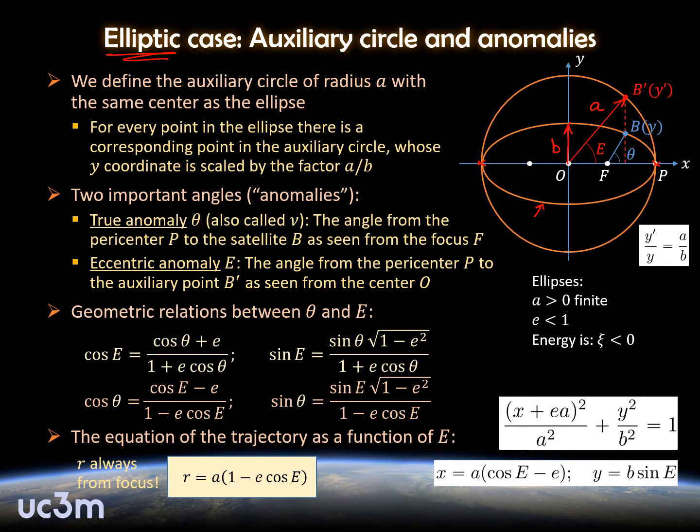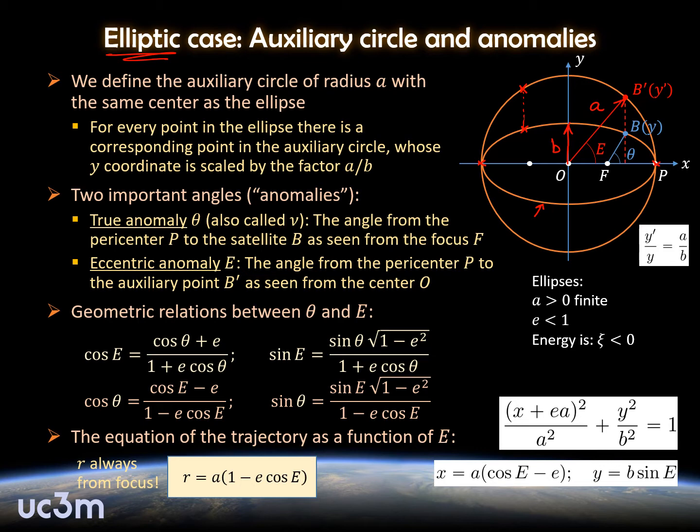We can find that there is a one-to-one correspondence between every point on the ellipse and a point on the circle. Basically we take a vertical line and we project, or displace, the point of the ellipse to the corresponding point on the circle. And there is a very simple transformation for the coordinates of this point.